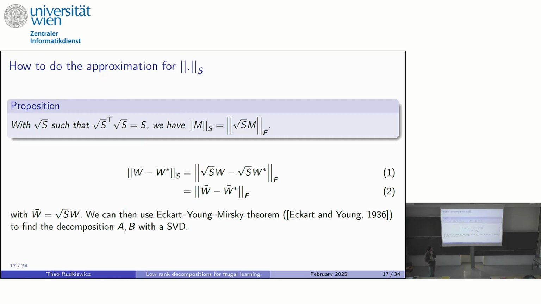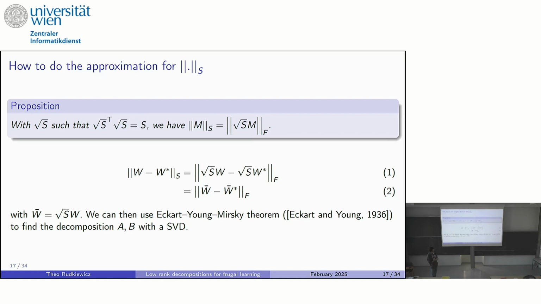And we can solve this efficiently because we can compute the covariance norm with the Frobenius norm, just multiplying inside by a sort of square root of our covariance matrix. And then we have this problem transformed into a Frobenius approximation.